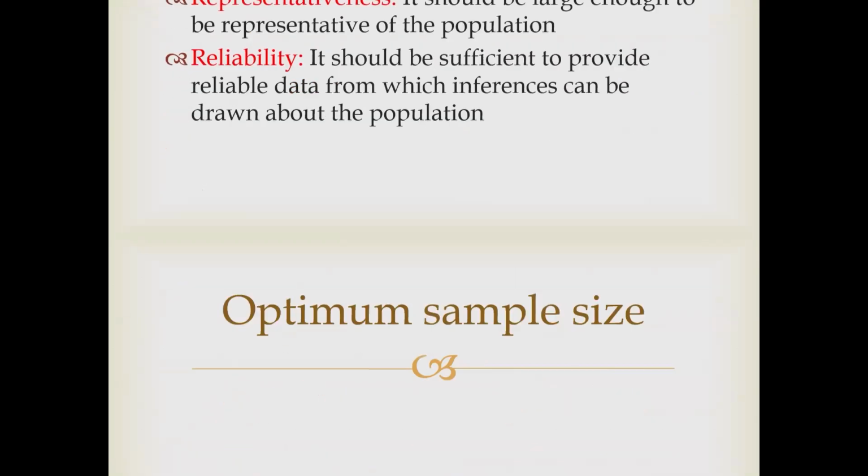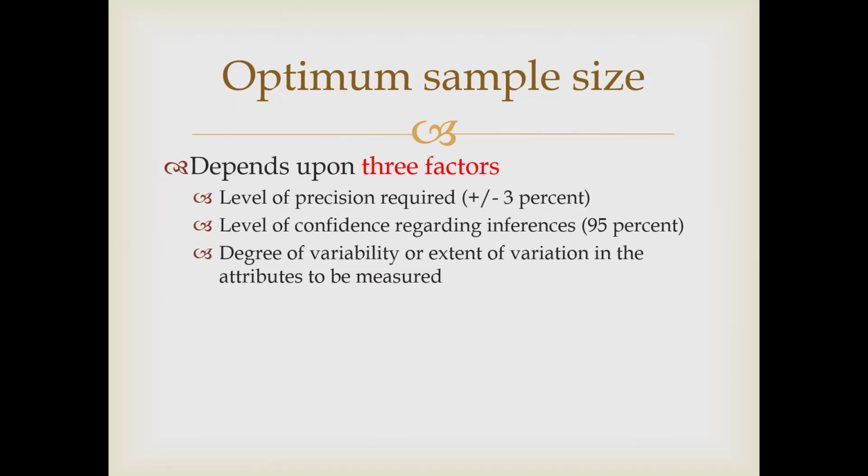So optimum sample size: how do you calculate the optimum sample size? The optimum sample size depends upon three factors. First factor, the level of precision required. We are going to estimate, so there will be mistakes. From the sample statistics, we are going to estimate the parameter.